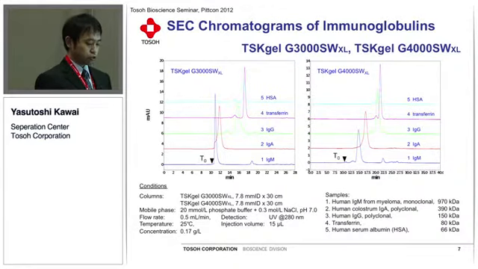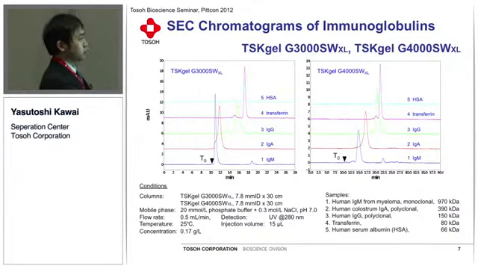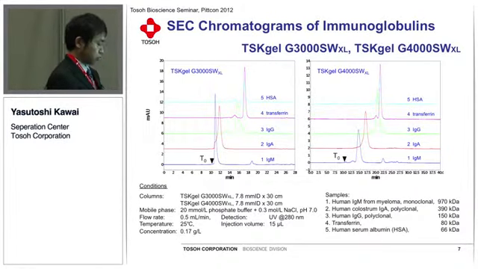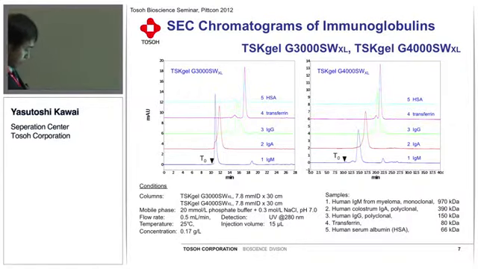In this part, I'd like to show some examples of protein separation. The first is separation by SEC, size exclusion chromatography. This slide shows the SEC chromatogram of immunoglobulin with a variety of molecular weights. Samples and their molecular weights are shown here.